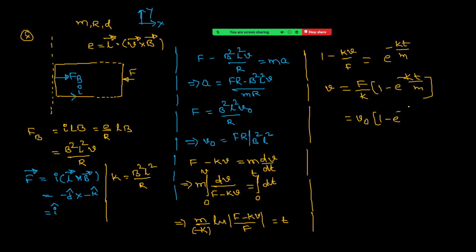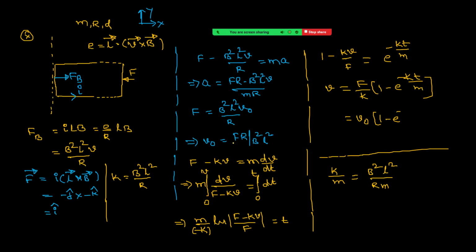Let me do the calculation separately here. What is the value of k by m? K by m, that is B square L square upon R, and this is m. I have to write this in terms of F and v naught.